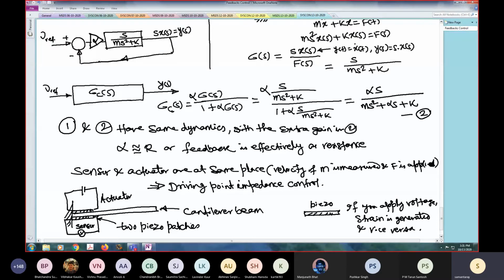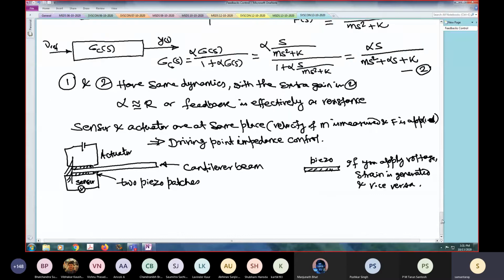By using that, you can generate, if you couple sensor to actuator by a controller to minimize vibration, let's say.